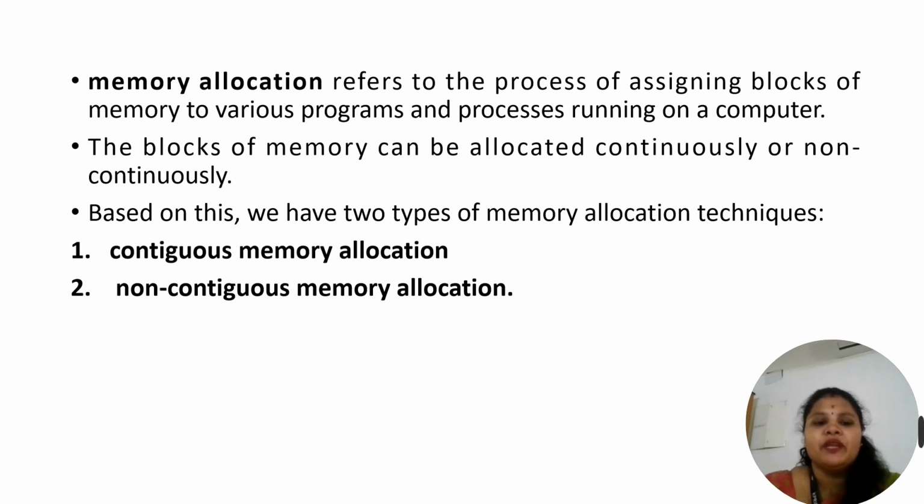Next comes memory allocation. Memory allocation is allocating memory to each and every process in your computer, and it can be allocated continuously or non-continuously. Based on this, it is divided into two types: contiguous memory allocation and non-contiguous memory allocation.